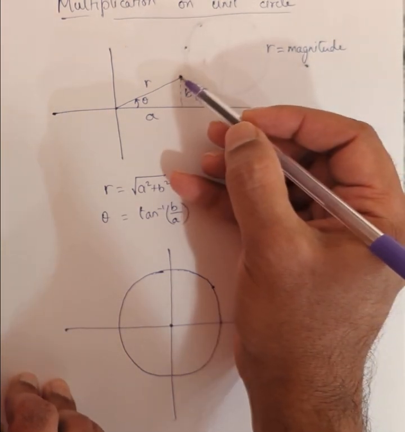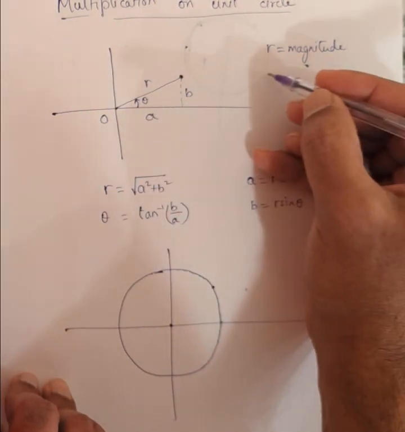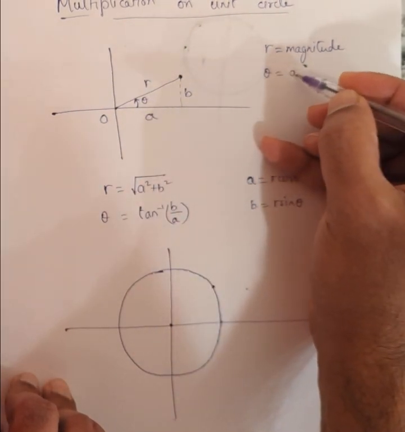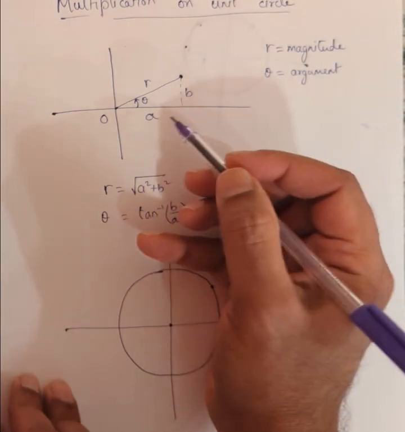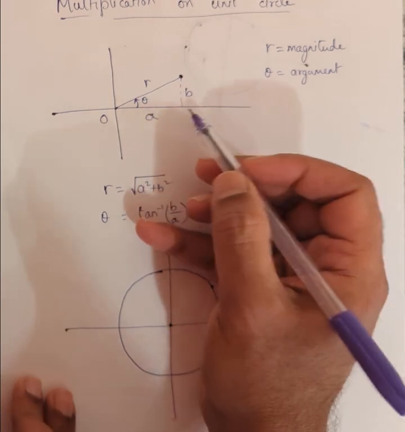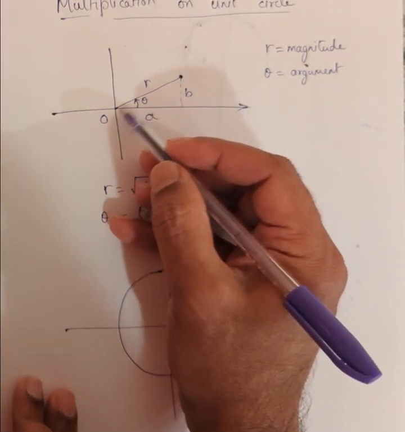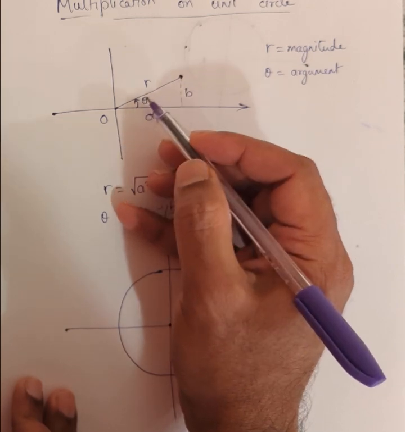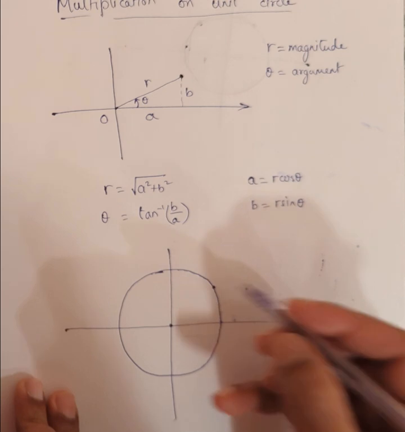The distance of any complex number from 0 is also called the magnitude, and this theta is called the argument of the complex number. So argument is nothing but the angle the complex number vector makes with the positive real axis.